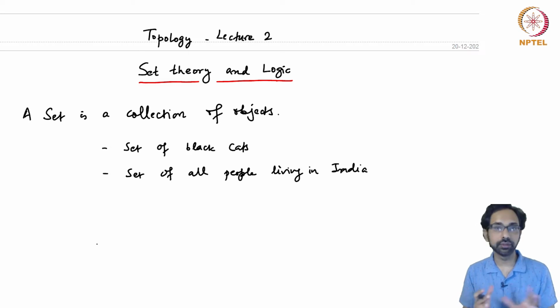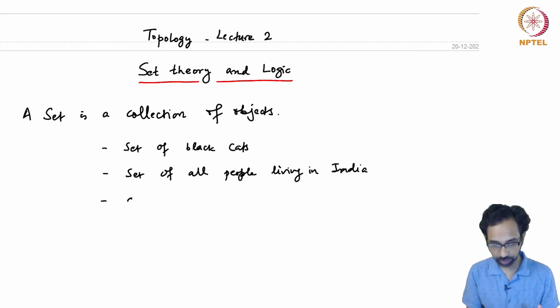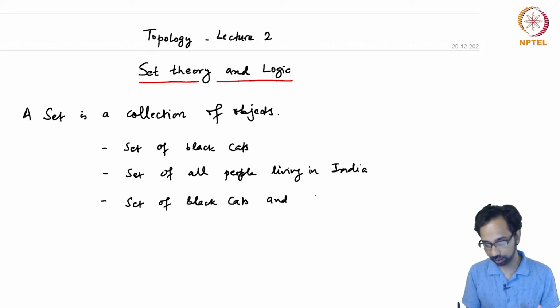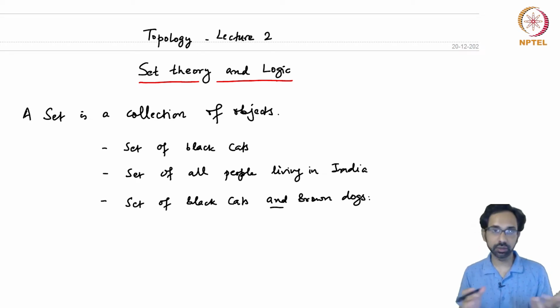And you can also have different kinds of things taken together, such as the set of black cats and brown dogs. That is also a set. And once you have a set, you would like to perform some operations on it, and these are called set theoretic operations. So let us describe them one by one.